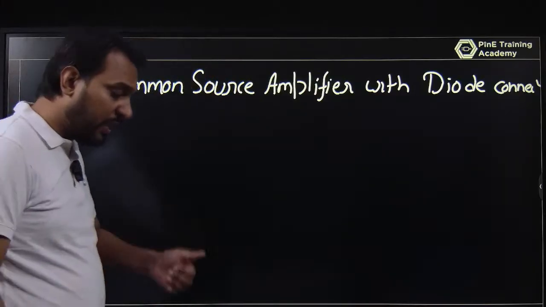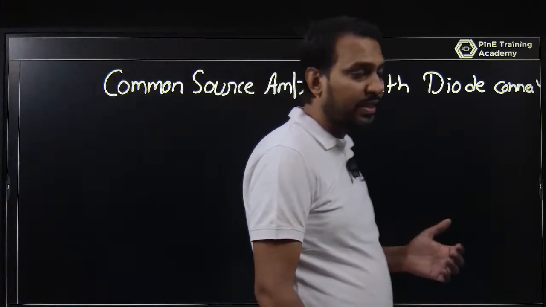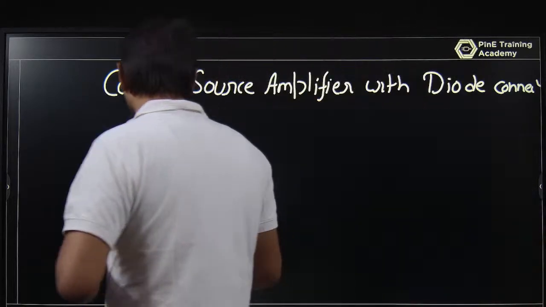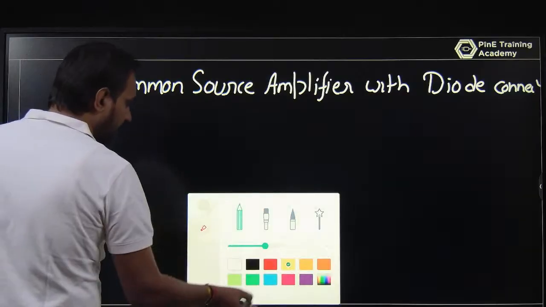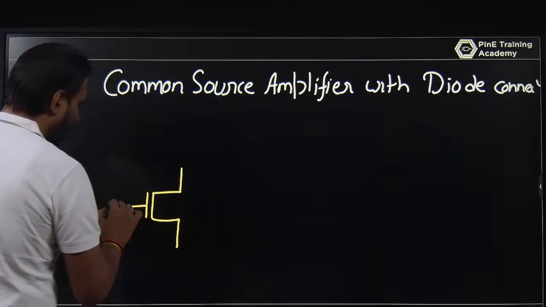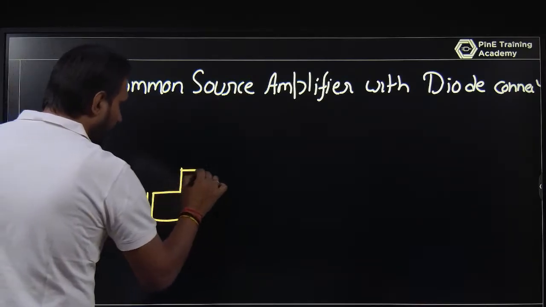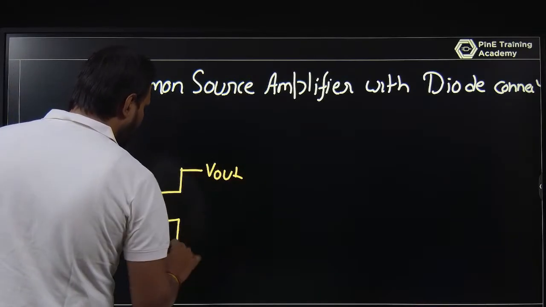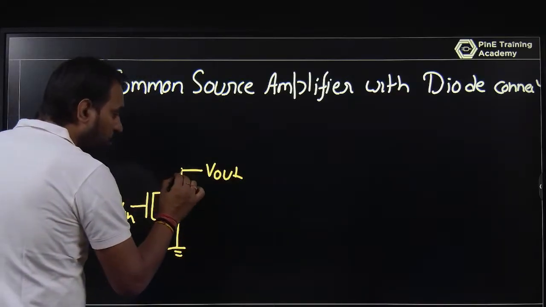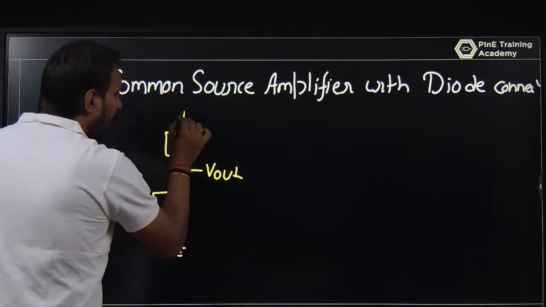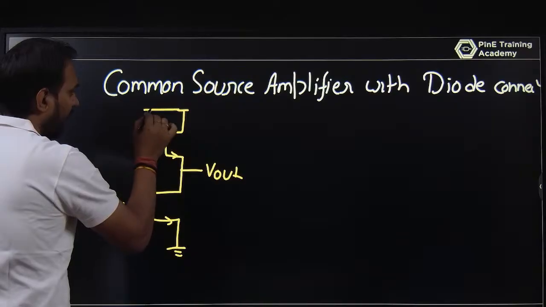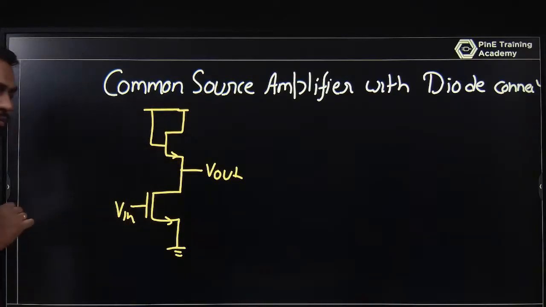In the place of resistance, I am replacing the resistance and using a diode based connection. Think in such a way that you have a common source amplifier where you have an input here, the output here, and the source is common, that is grounded here, and now I am using a diode connected load. Let me use a MOSFET and just connect it like this.